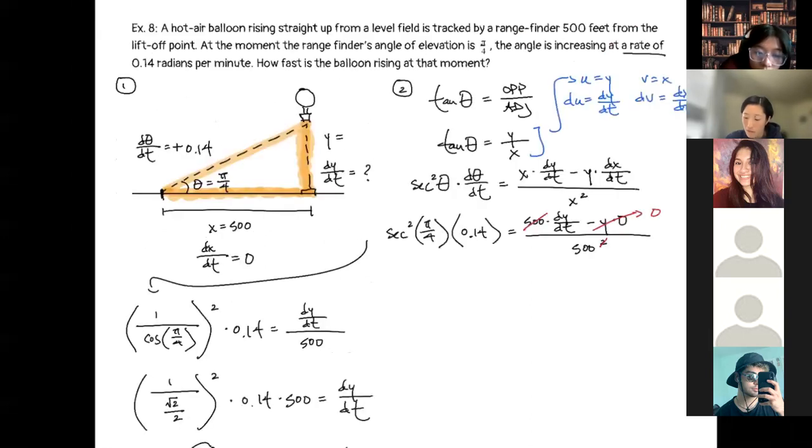What are the units for dy/dt though? Right? What are the units for dy/dt? And it might help us to consider what is y measuring.